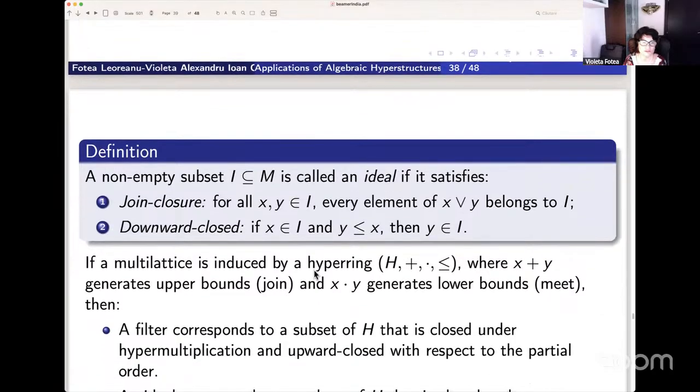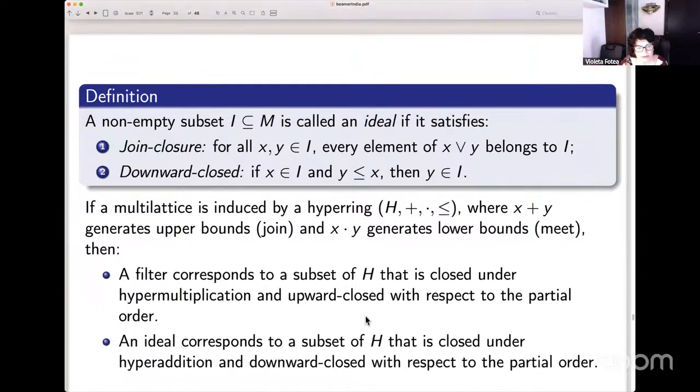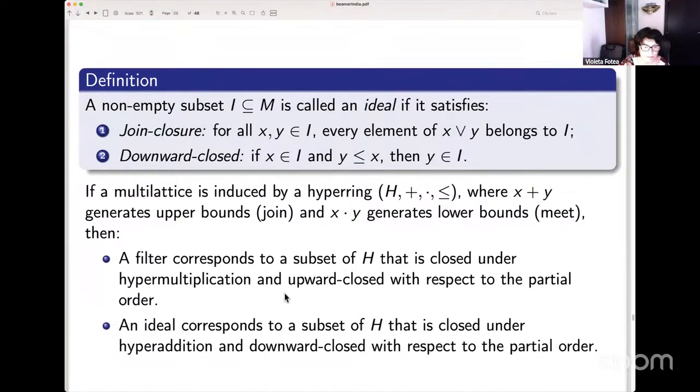These definitions are not introduced by me. They exist because multilattices have been studied since 1955. I only wish to see what the correspondent of these notions is in the hyperring structure.